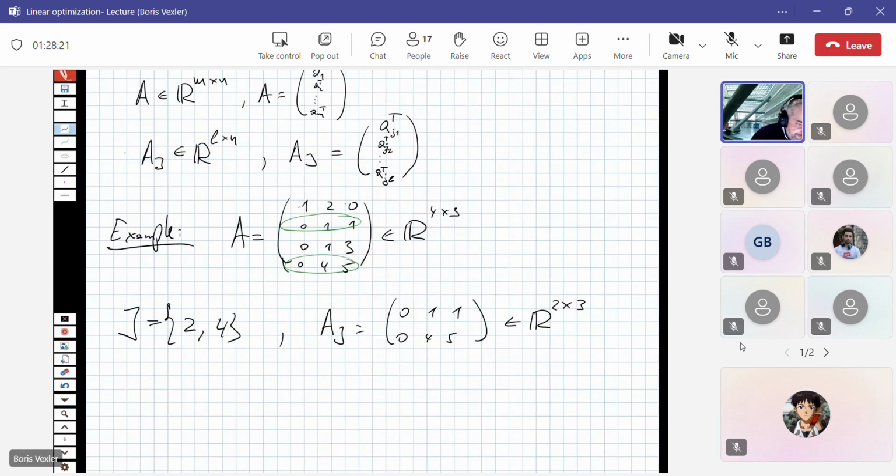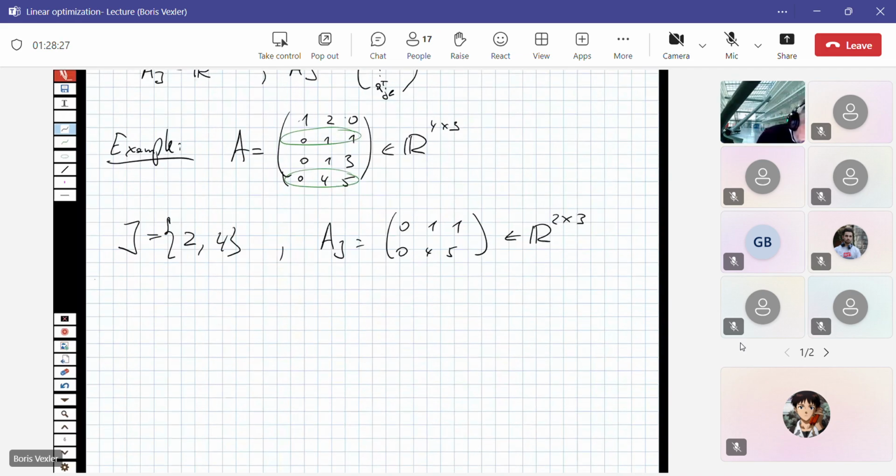Okay. And now, using all this notation, we will prove the following lemma, which describes the tangential cone. The lemma says the following.